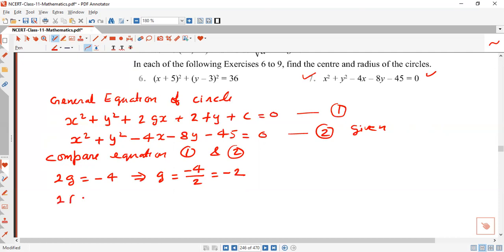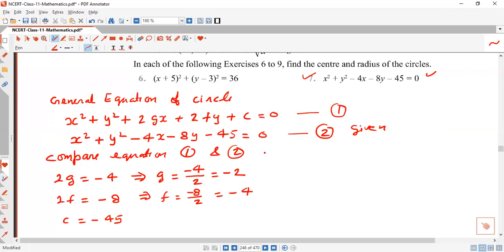See, 2f equal to minus 8, which implies that f equal to minus 8 by 2 comes out minus 4. C is given to you as minus 45. So you know the values of g, f, and c.